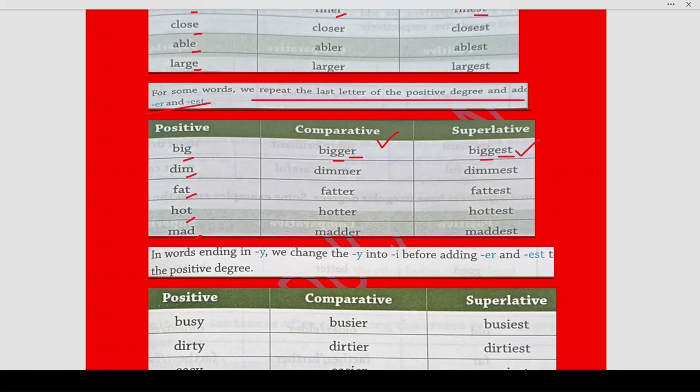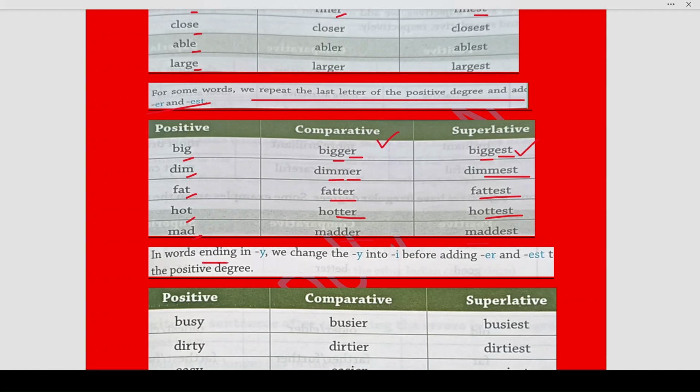Dim, again double M, er, dimmer. Dimmest, double M, est. Fat, double the T and er, double the T and est. Hot, hotter, hottest. Okay. Similarly, mad, madder, maddest. You have to remember these few things.